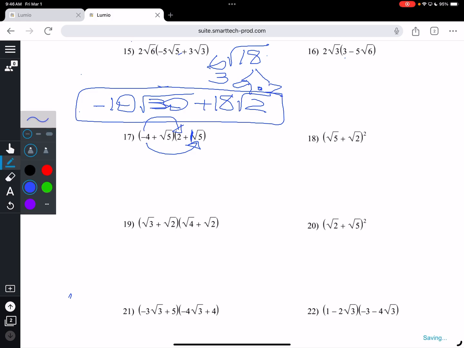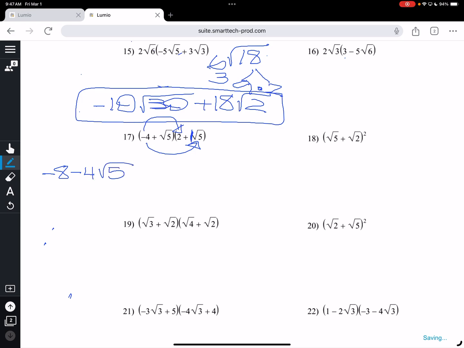Negative 4 radical 5. Oops, hold on, I wrote the wrong number. Negative 8. I moved this down a little bit. So minus 4 radical 5. What's our inner? 2 radical 5. Plus 2 radical 5. And our last.